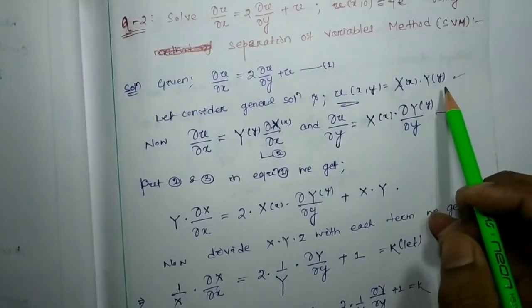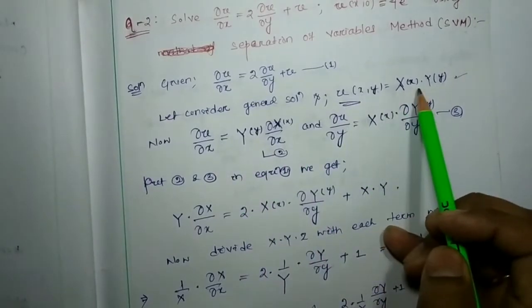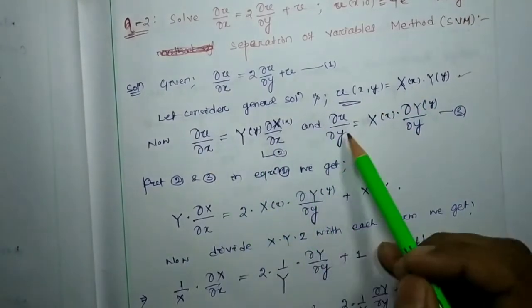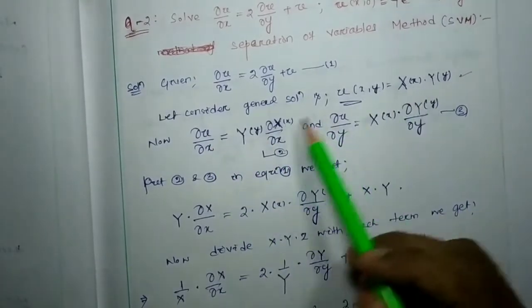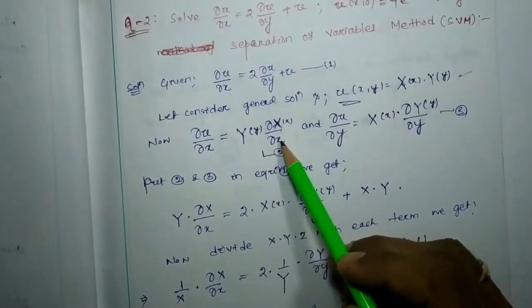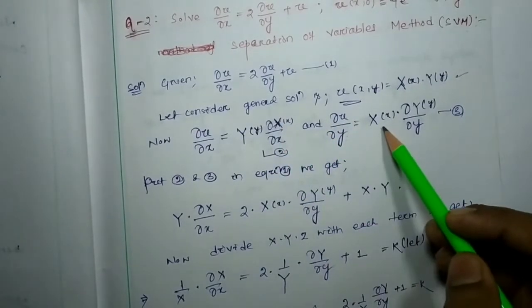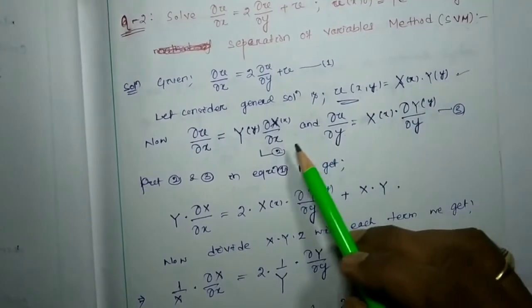Then we differentiate this with respect to x and with respect to y. Here del u by del x will be, since Y is constant, Y into del X by del x, and del u by del y will be equal to X into del Y by del y. Let this be equation number 2 and this be 3.